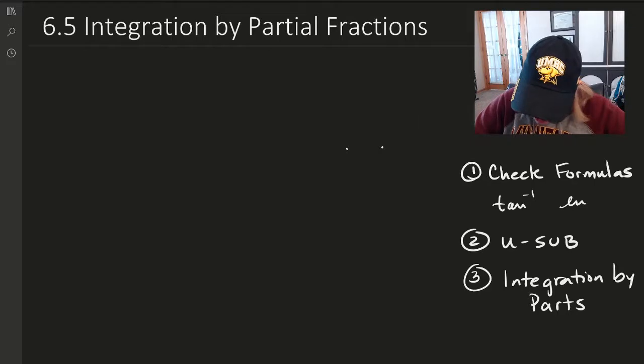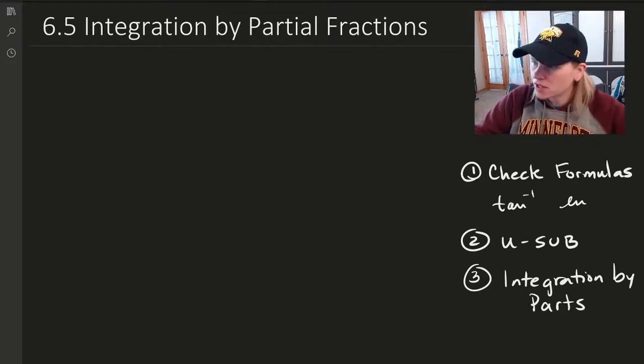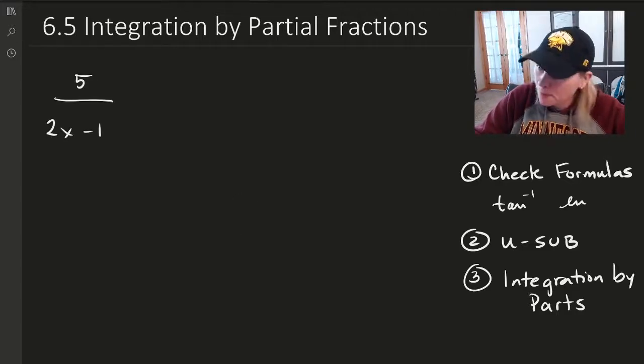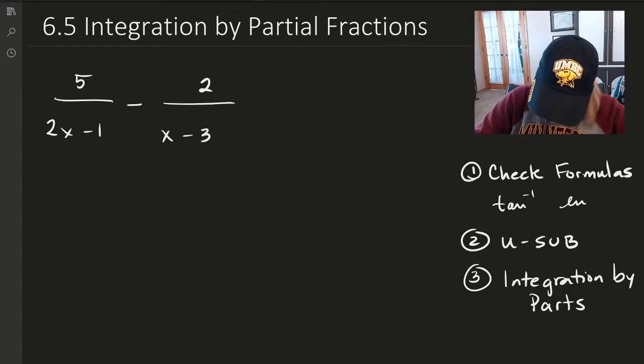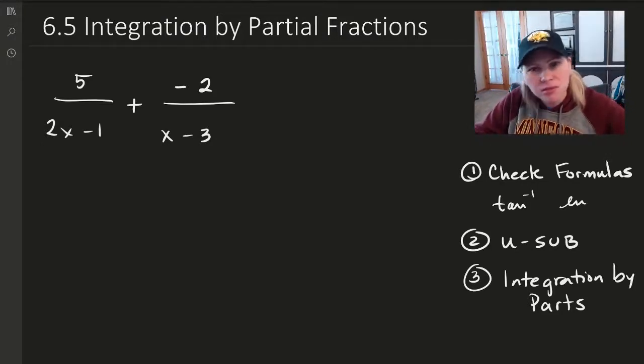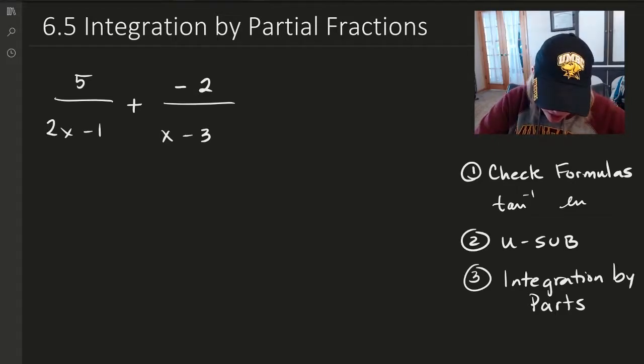So if I back up a little bit and take two functions that I know, for example 5 over 2x minus 1 minus 2 over x minus 3. Remember, this subtraction, I can write as plus a negative. If I wanted to combine them and simplify this expression, I would have to get a common denominator.